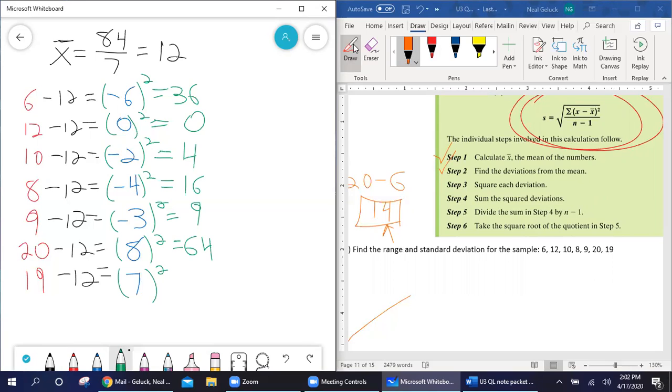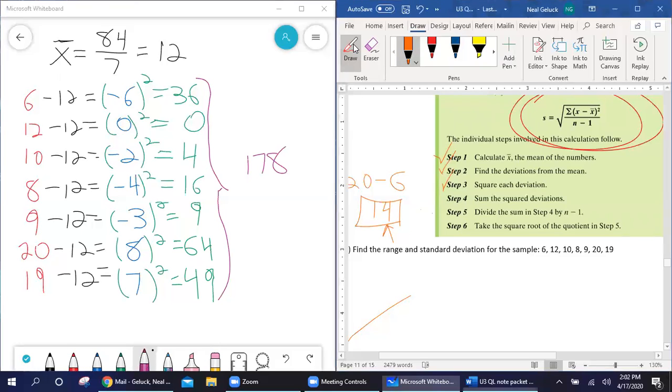Whenever you square, you get a positive. That was the whole point of squaring each one, is that they all became positive. Okay, so that was step 3. Step 4, sum all of these. So now I'm going to add up all of these numbers, and if you add up all of those, you should get 178. Okay, so that was step 4.